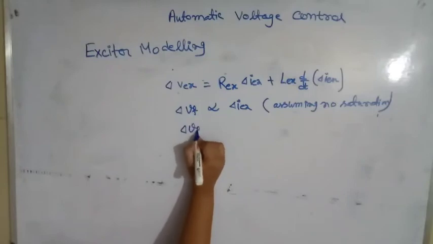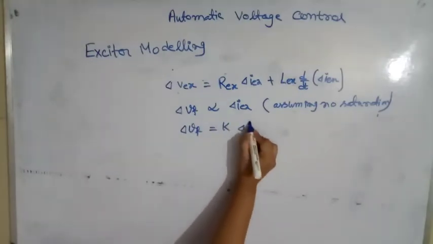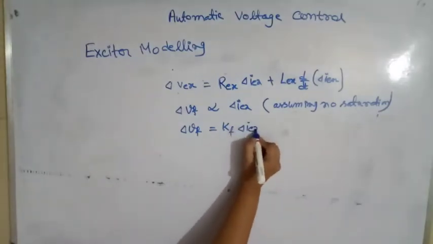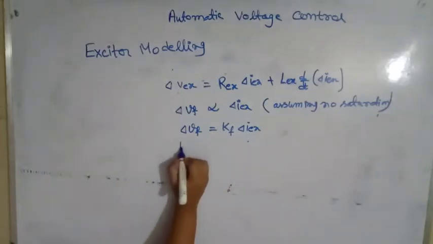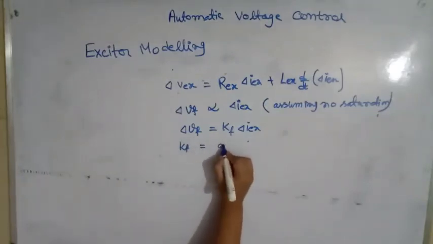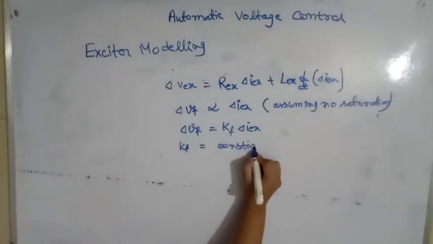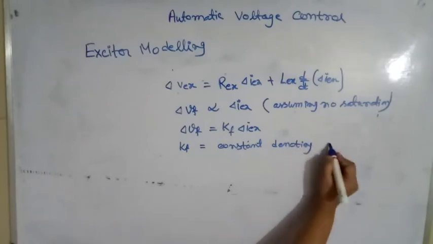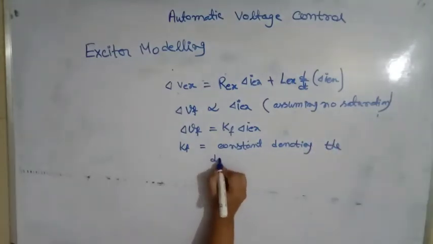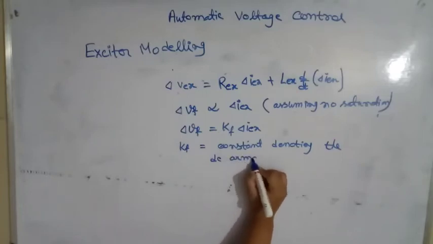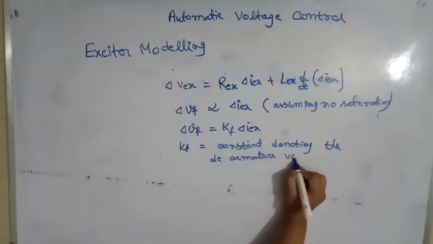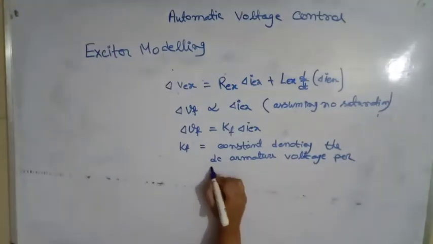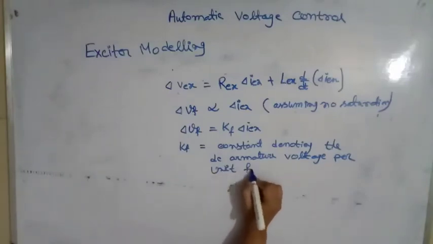Delta Vf is equal to Kf into delta Iex, where Kf is the constant denoting DC armature voltage per unit field current.